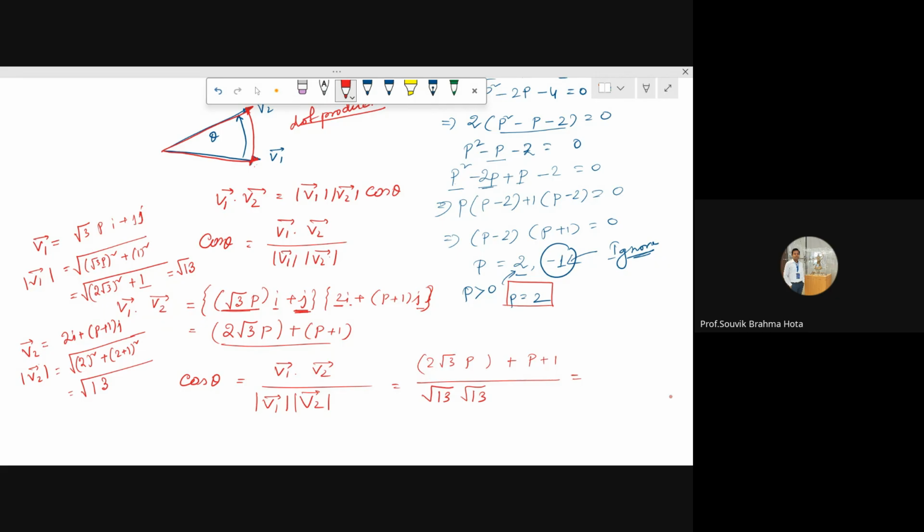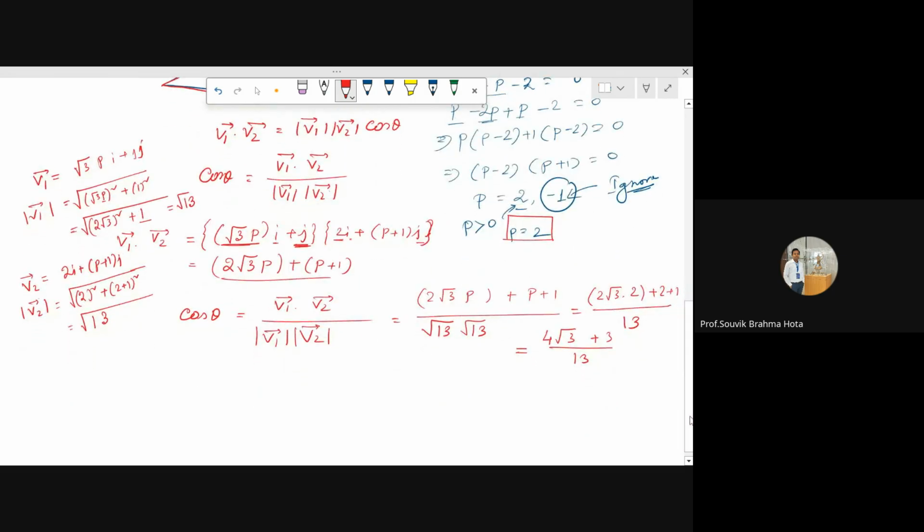Above, if I put the value of p, it is also 2. So 2 root 3 into 2 plus 2 plus 1, divided by 13. That is 4 root 3 plus 3 by 13. That is your cos theta.